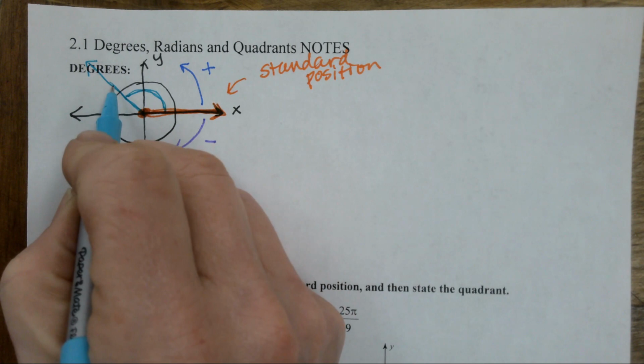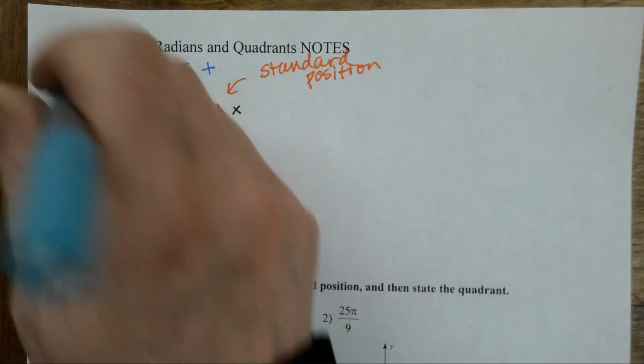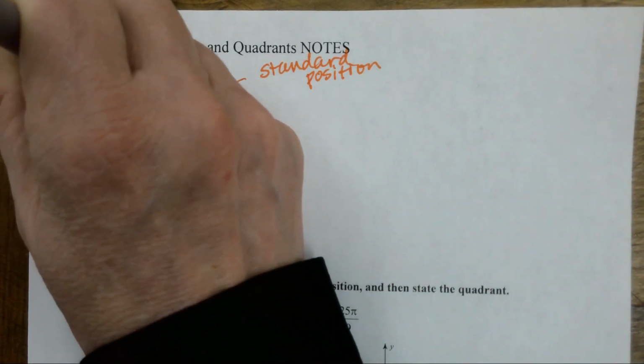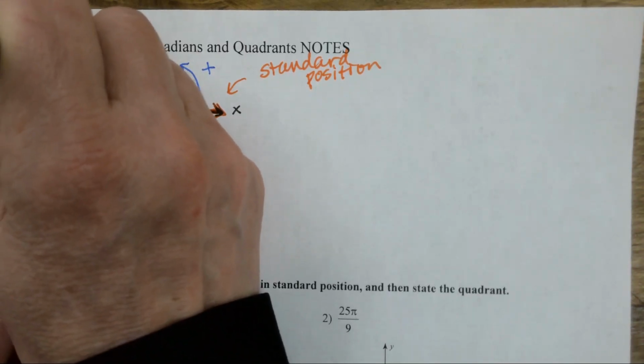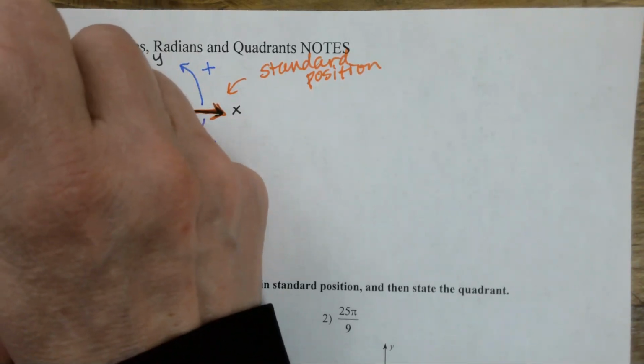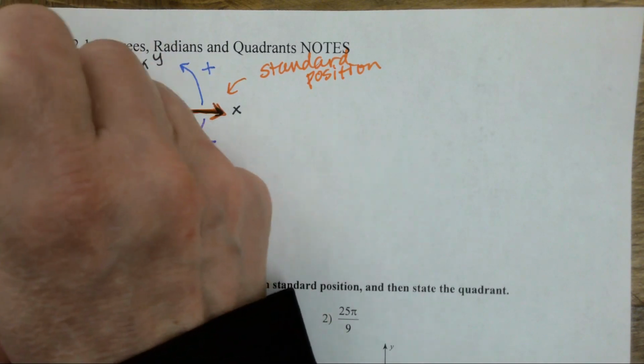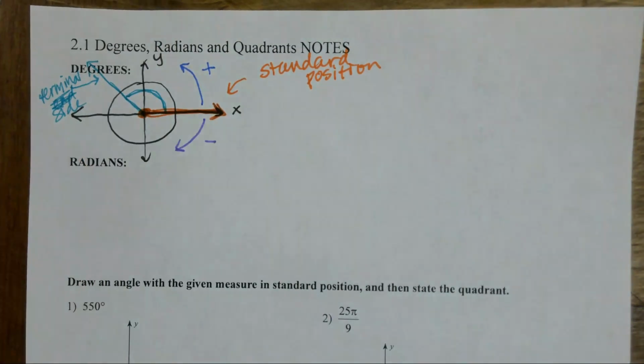This end that stops here is called the terminal side. It's the ending side. So I have a standard position. This is where my angle starts. Where my angle ends is called the terminal side.